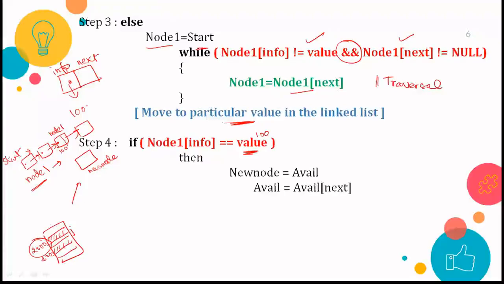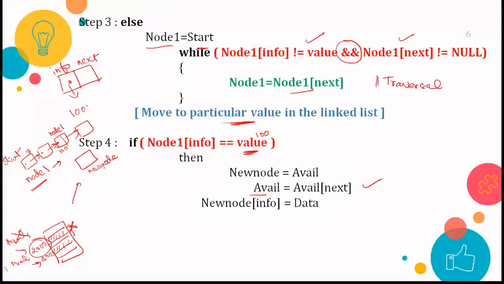Now because this is being taken and we have inserted some value over there, this location is no more free. So now avail will point to the next. Earlier avail was pointing to the very first free location in the memory, but now because this is already occupied, the next location of the memory is going to be stored in the avail pointer, right? I hope this is very clear to you.